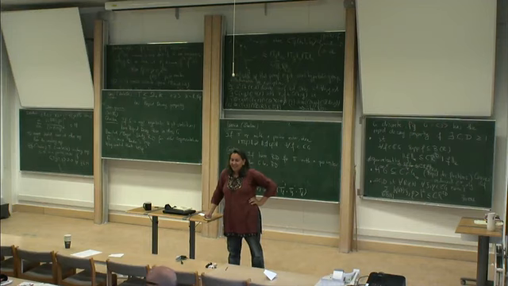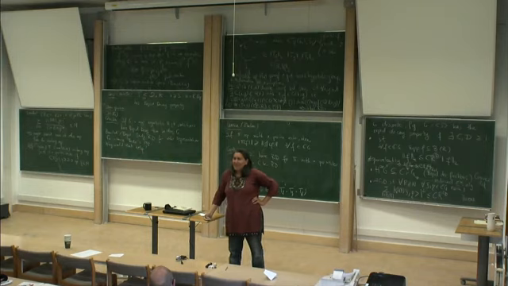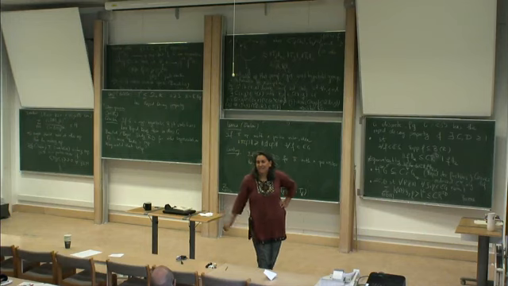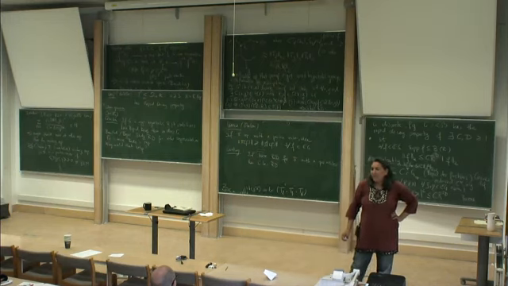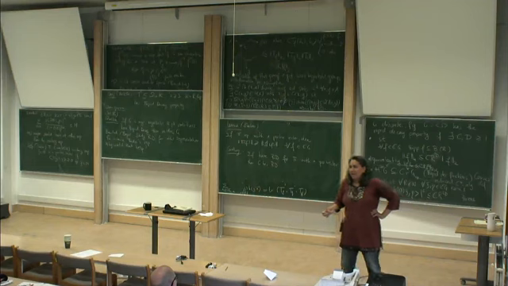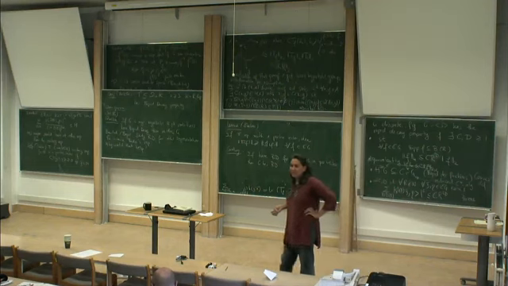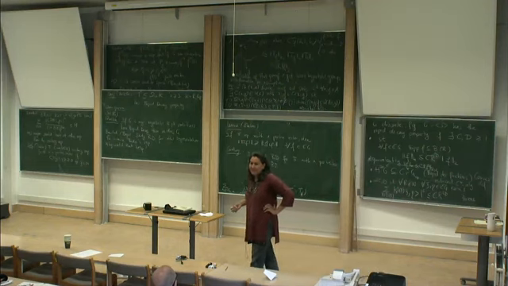So from the examples, it's clear that rapid decay is not stable under measure equivalence, but is it stable under quasi-isometry? I don't know that. Yeah, I don't know that. Even the more basic question of having an amenable subgroup with exponential growth, I'm not sure if that's stable under quasi-isometry.